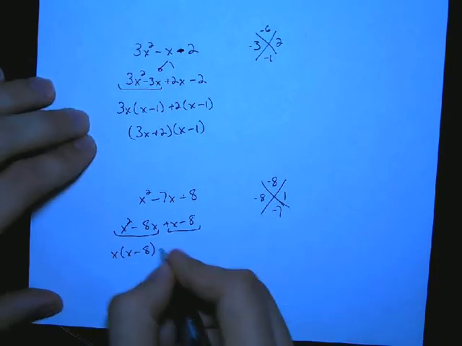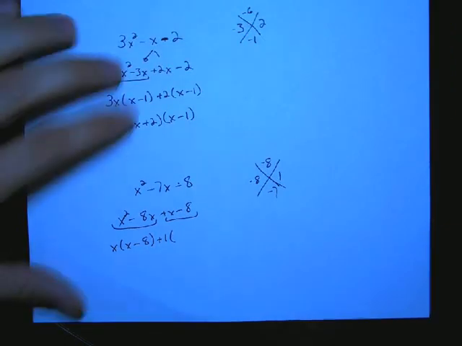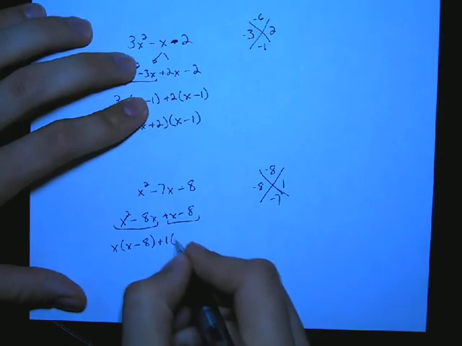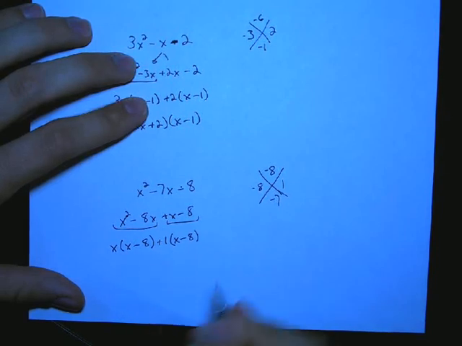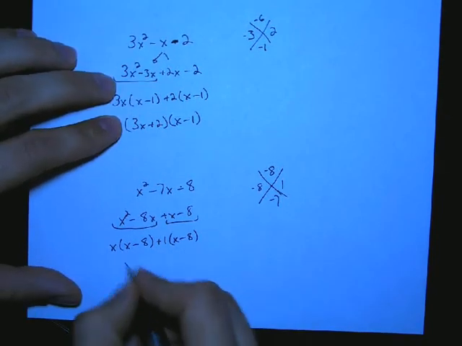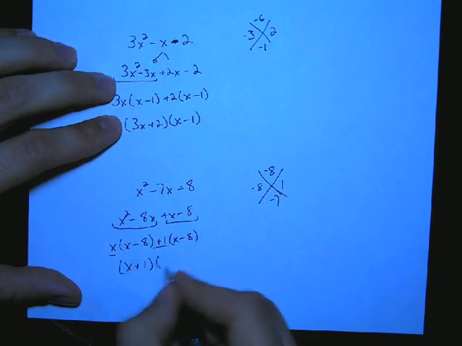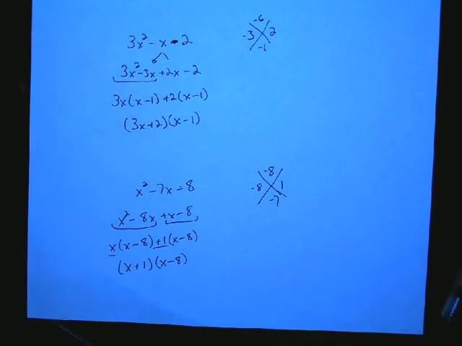The second two, do they have anything in common? Absolutely. 1. 1 will divide into x and 8 evenly. Again, these two quantities need to match. They do. So I can finish it off. X plus 1 goes out in front. X plus 1. And then my quantity, x minus 8, goes out in the back. And this is factoring trinomials.